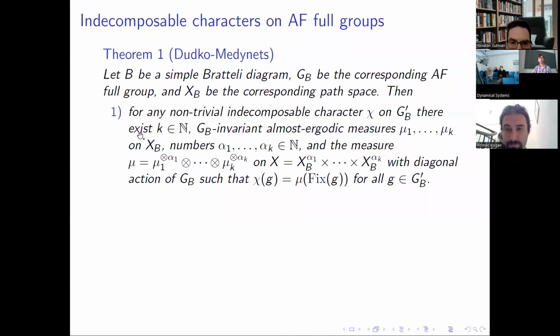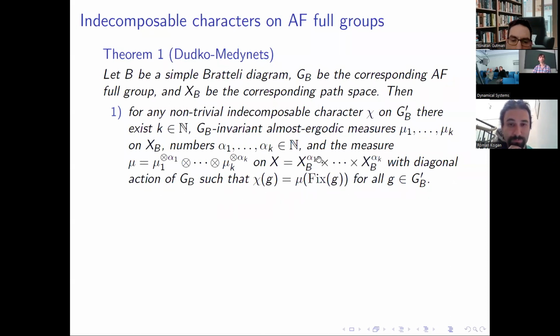But exactly, there exists an integer number k, and G_B-invariant almost ergodic measures mu_1 up to mu_k on this space X_B, and numbers alpha_1 up to alpha_k, such that for the measure mu defined as this tensor product in this space with diagonal action of G_B, we will have this formula for the character.